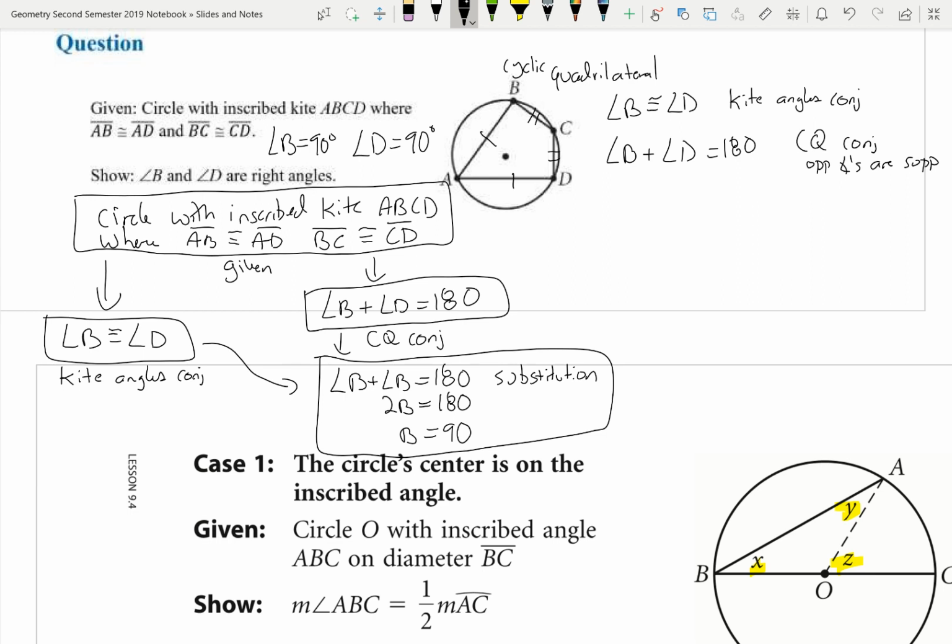And this would be combine like terms and divide by 2. And these are all properties of equality. Okay. So B equals 90, and that's going to mean that angle D will also equal 90 degrees because of substitution.